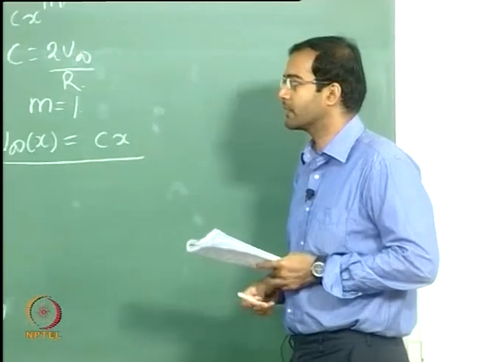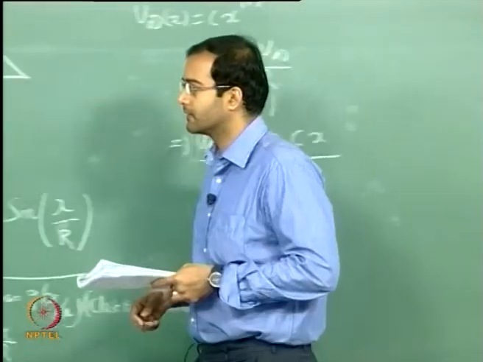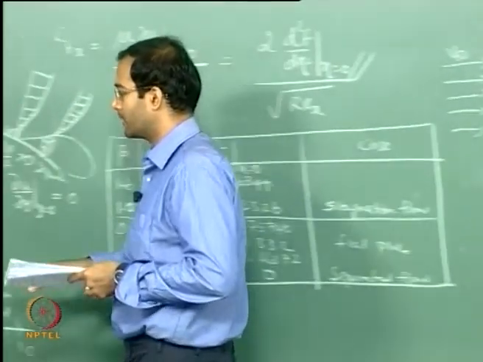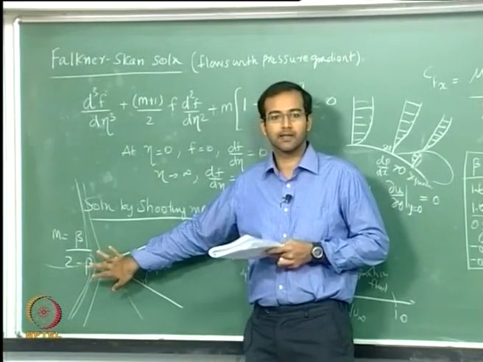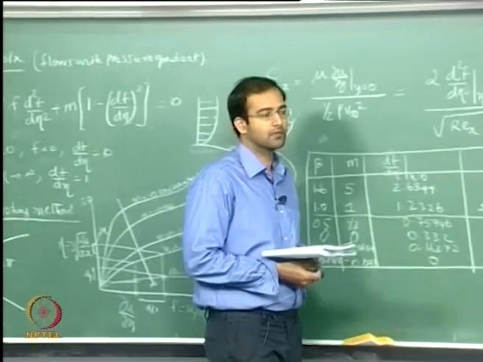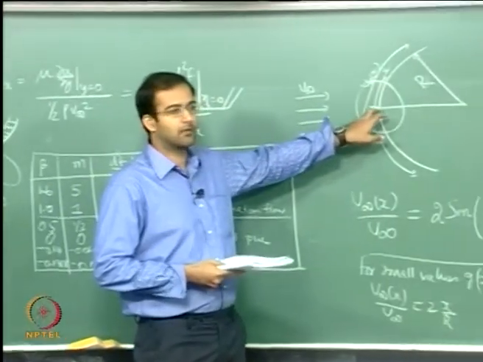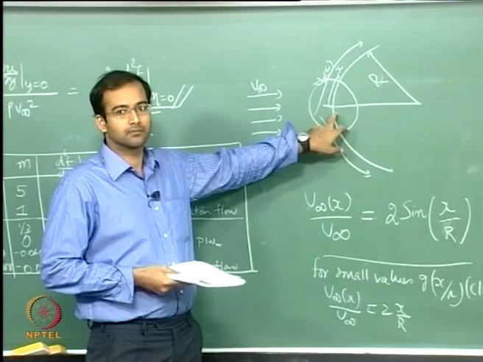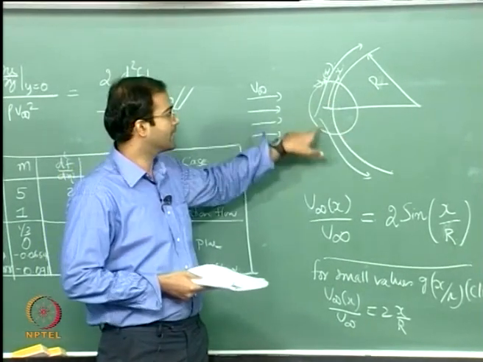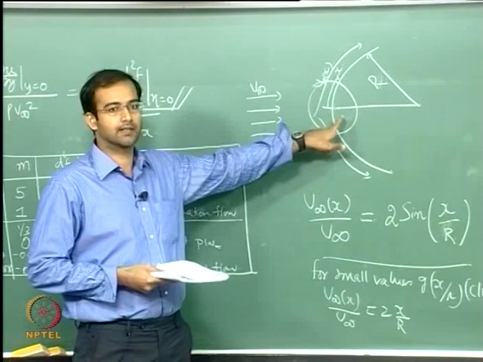This is a very important thing. The Falkner-Skan solution does not mean it is only applied to a wedge configuration like this. It can even apply to any stagnation flow, even for a bluff body like this. It does not need to have a sharp corner, provided you are looking at only the region close to the stagnation region.